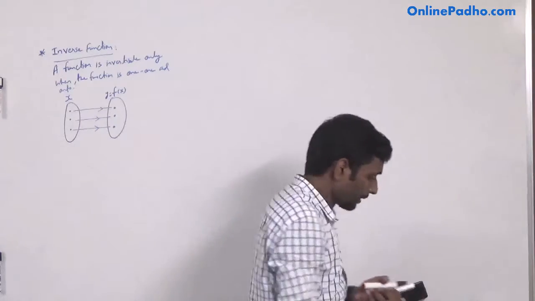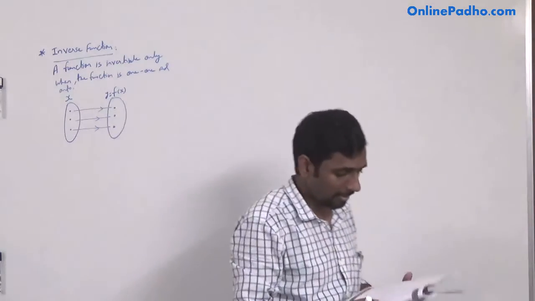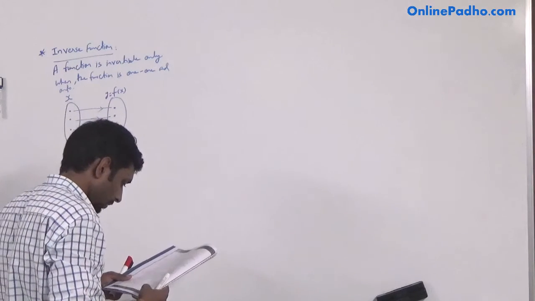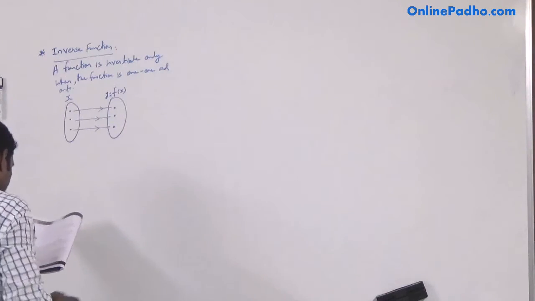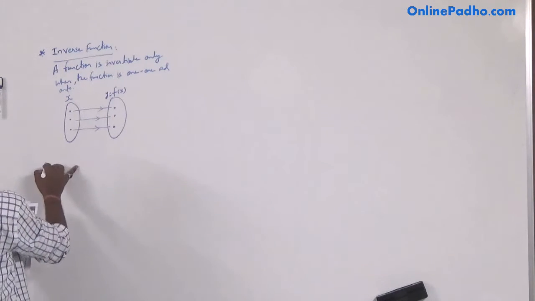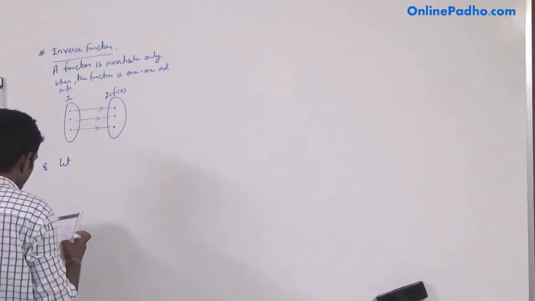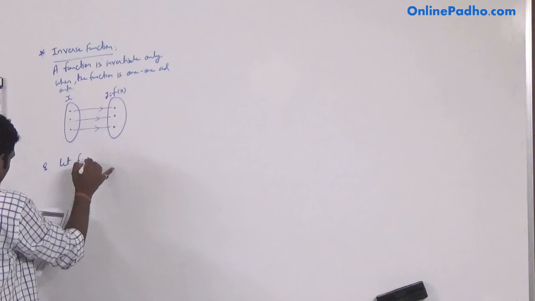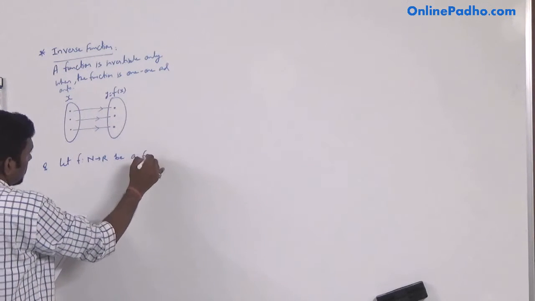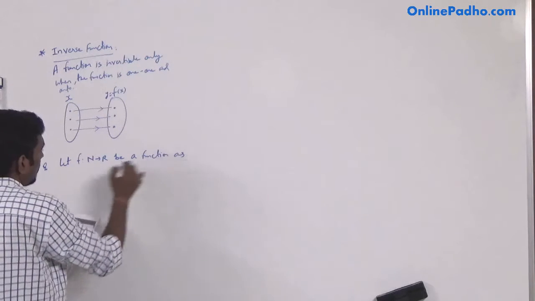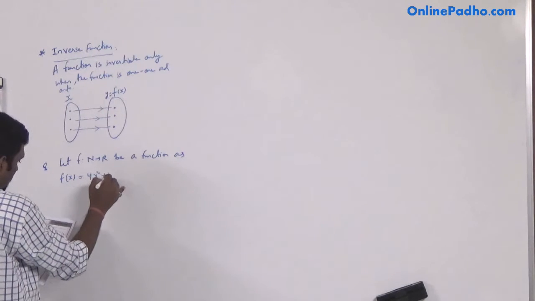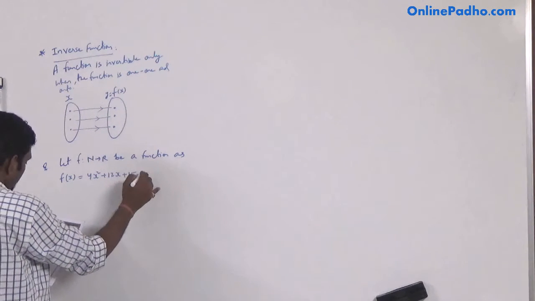Let us see some very important questions that were already asked in the CBSE. The very important question: let f from natural numbers to real numbers be a function defined as f(x) equal to 4x square plus 12x plus 15.